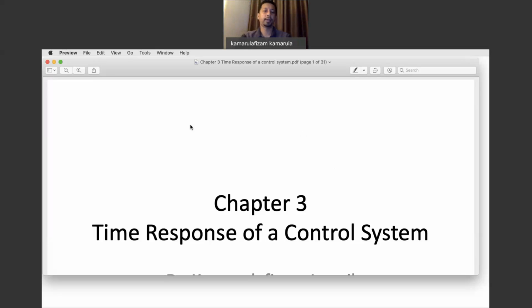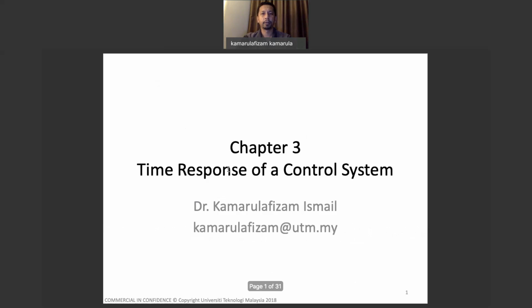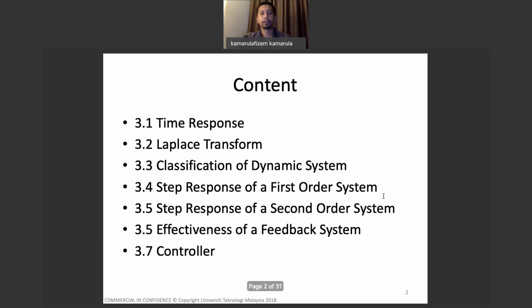Now we are looking at chapter 3, which is the time response of control systems. In chapter 3, we will be looking at how control systems react and exhibit their characteristics in time.